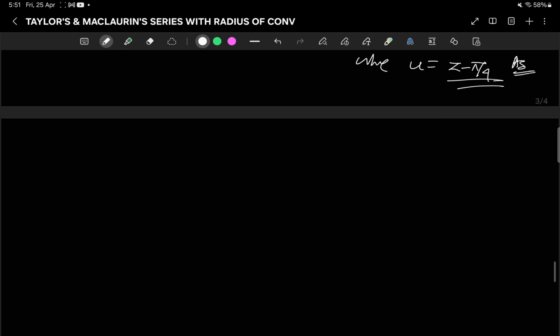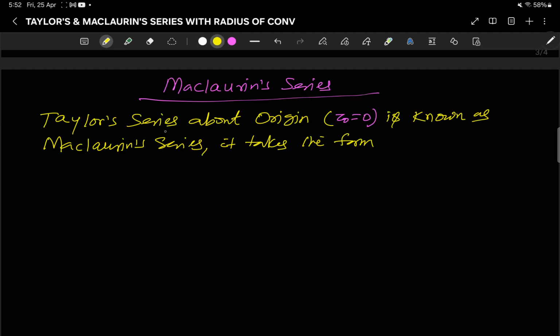So let me write the Maclaurin series. Taylor series about the origin, that means the center z equal to 0, is known as the Maclaurin series. Here the center is 0, then it is convergent, analytic everywhere.